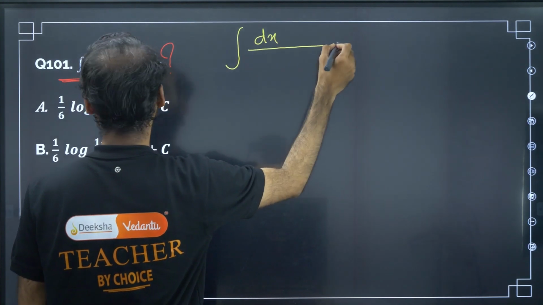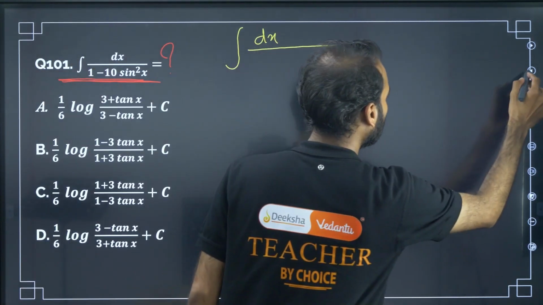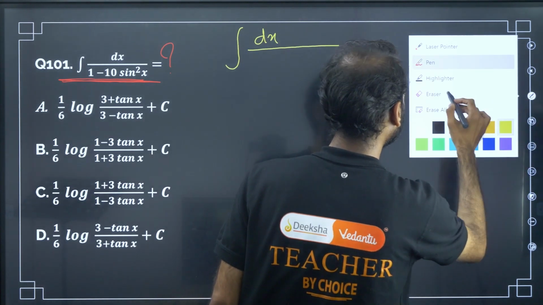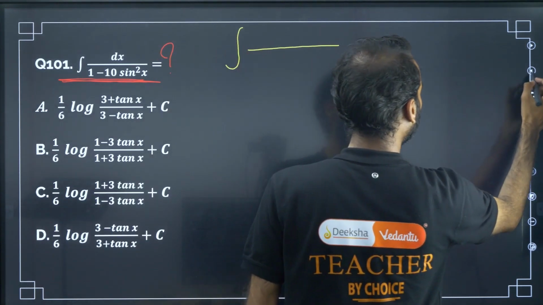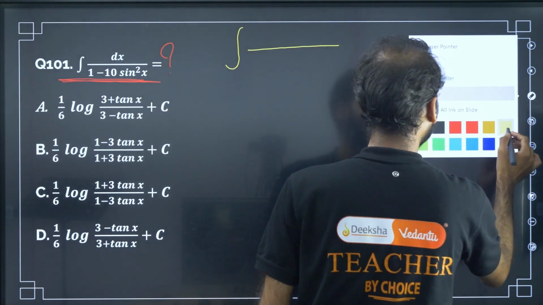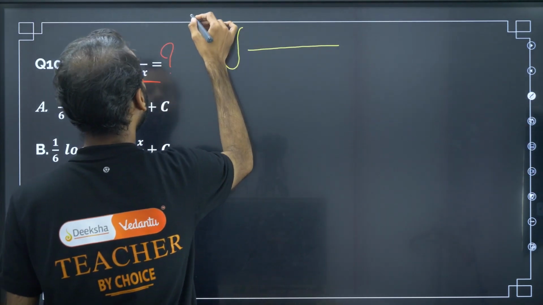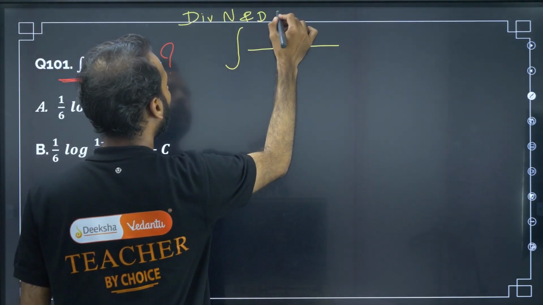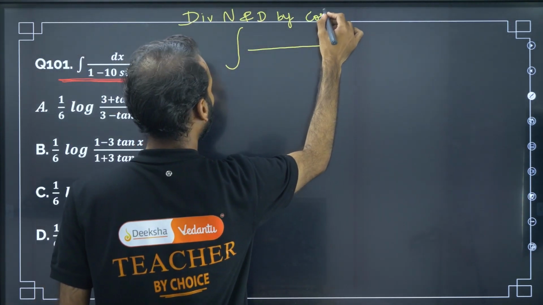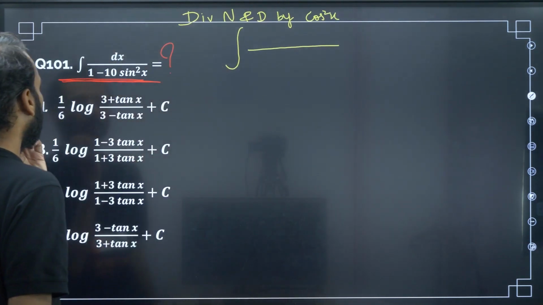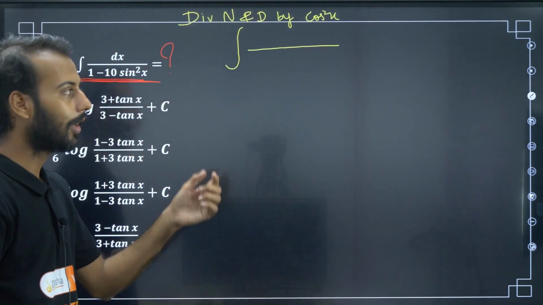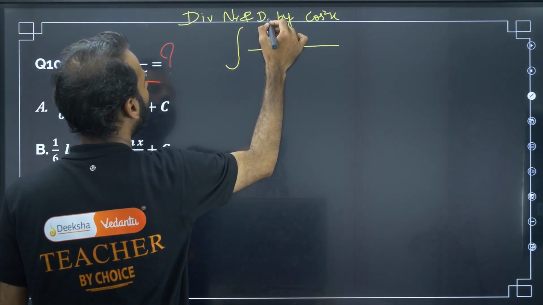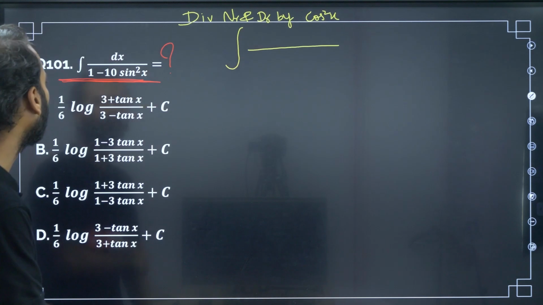So for this we have to do some algebraic manipulation. What manipulation? I will divide numerator and denominator by cos square x. The reason why I am dividing numerator and denominator by cos square x, you will get to know.